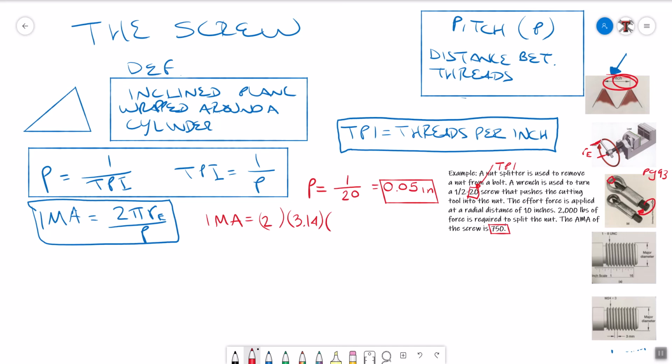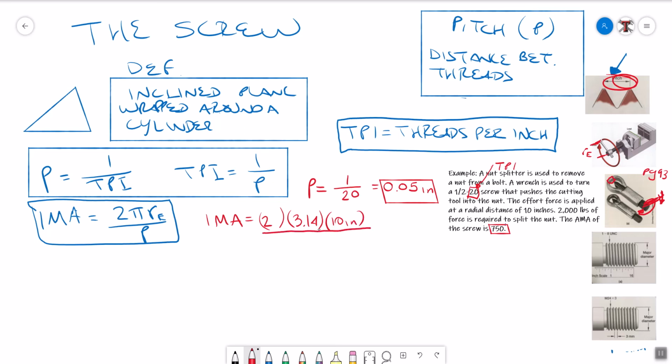I didn't put that on there, but that means that we have a wrench that's going to stick out 10 inches. And then we're going to turn at the end of this wrench, kind of like the way we had on the vise. Whereas the handle here is going to be the same thing as using a wrench. So you can imagine that our handle here is 10 inches. That's going to be our radial distance. So we go ahead and put 10 inches.